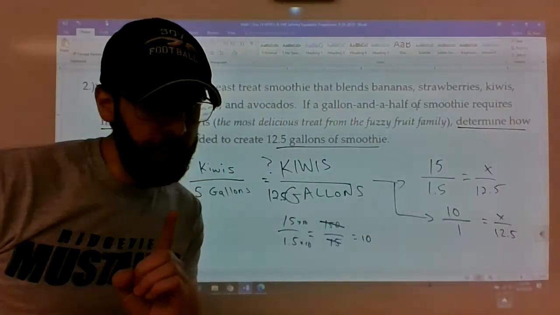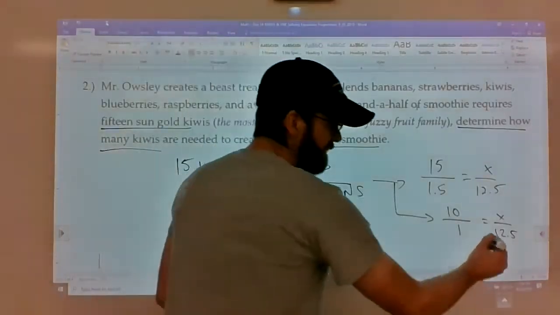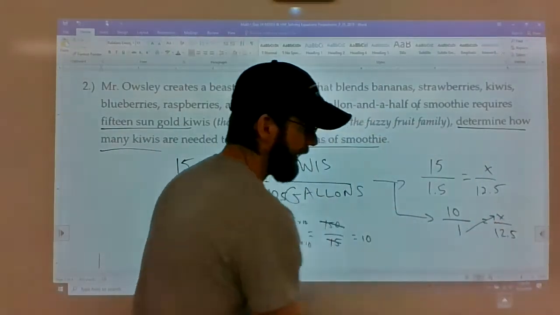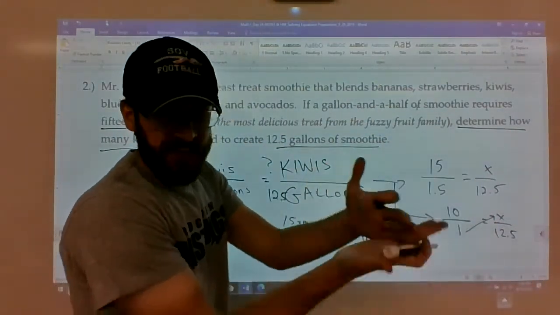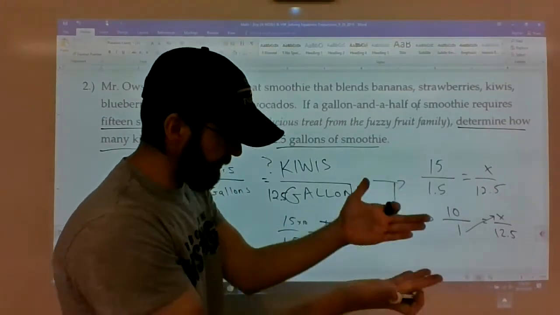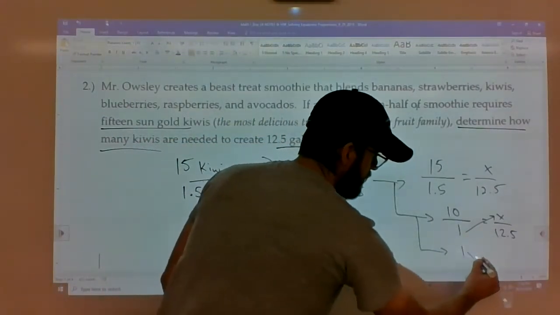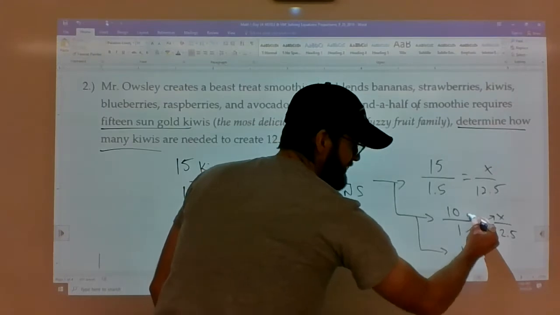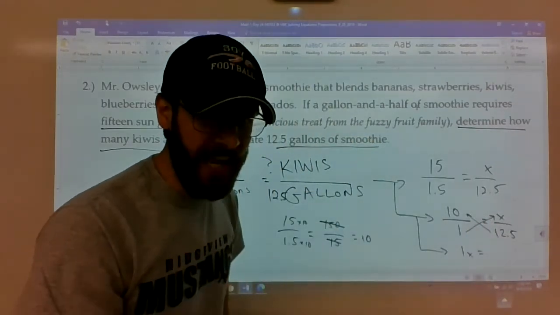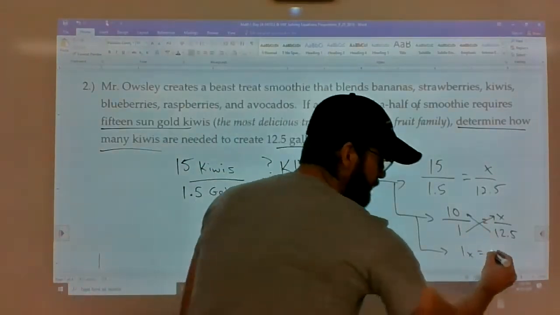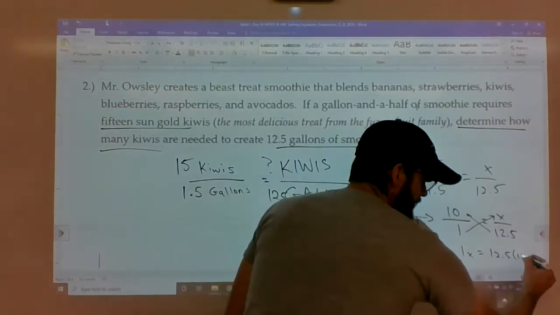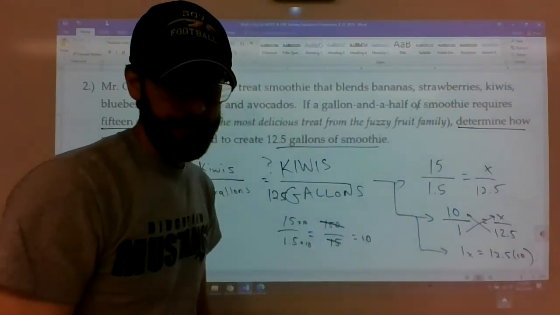And that's super helpful because if you do the cross multiplication, I've got 1x already. That's the thing we're always solving for, a 1 in front of the x. And it equals some decimal times a power of 10. What happens when you multiply a decimal times a power of 10?